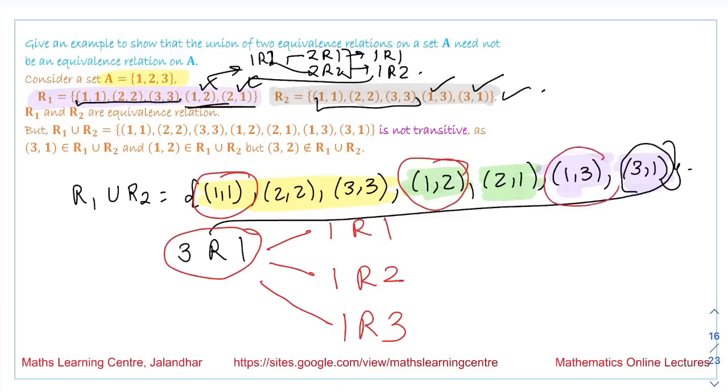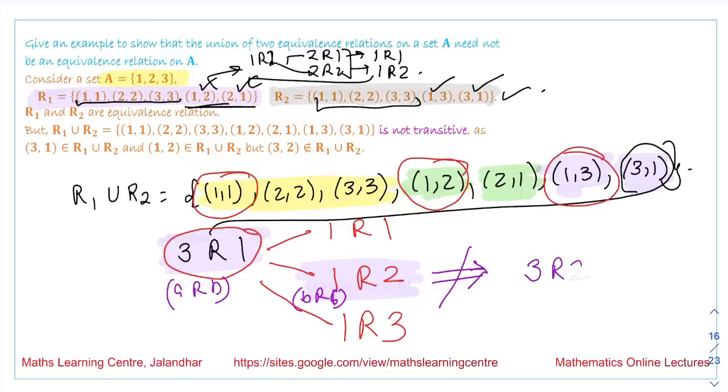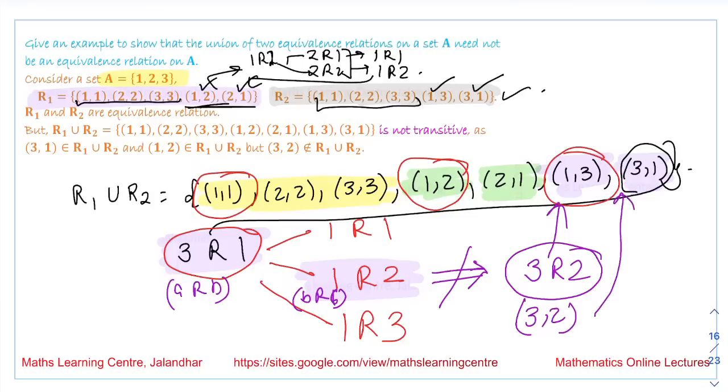Now look at these two values over here. 3 is related to 1, 1 is related to 2. Then we are saying A is related to B and B is related to C, then we should have A is related to C, but this does not imply that 3 is related to 2, because there is no element (3,2) over here in this list.